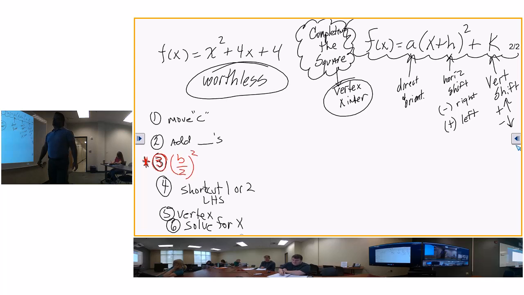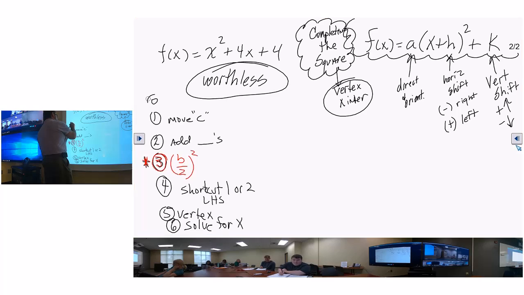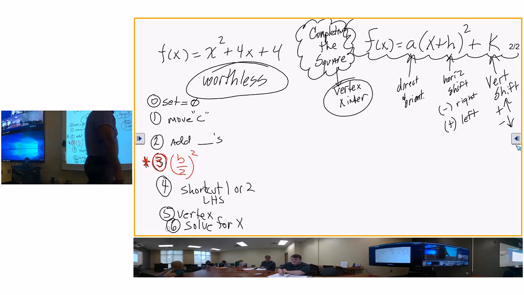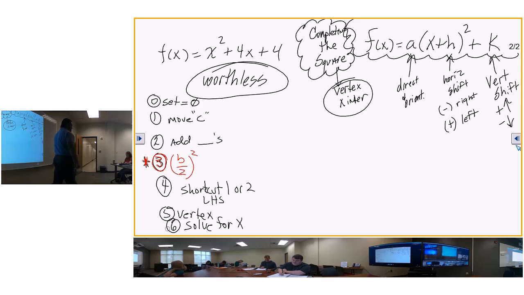Oh yeah, up here, put a 0. Step 0, set y equal to 0. Why do you have to set y equal to 0? Because what are you finding?